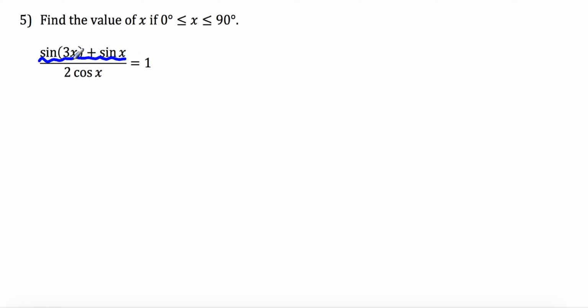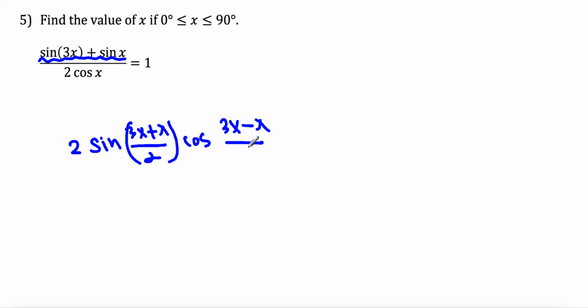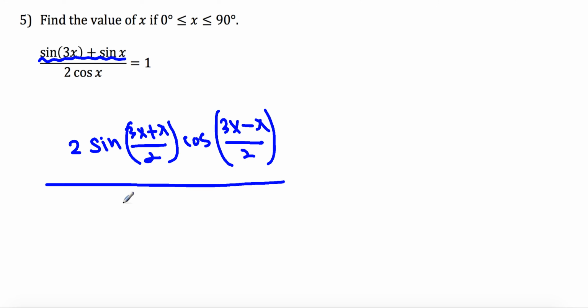Then sine of 3x plus sine of x becomes 2 sine of (3x plus x) over 2 and cosine of (3x minus x) over 2, all over 2 cosine of x equals 1. That's how I can write it up.